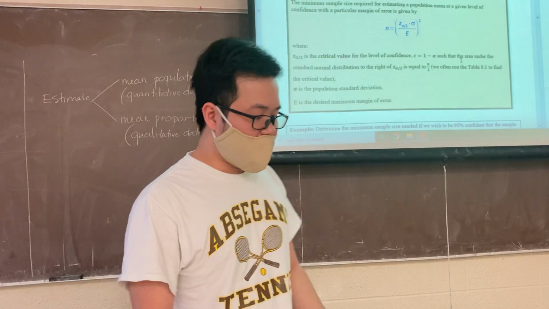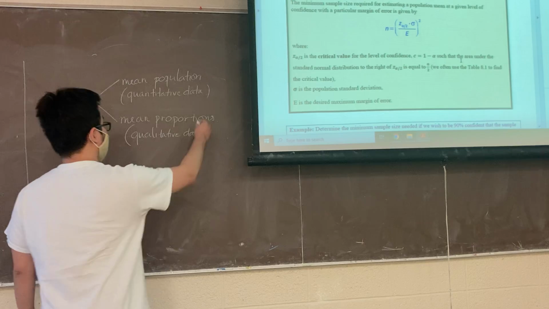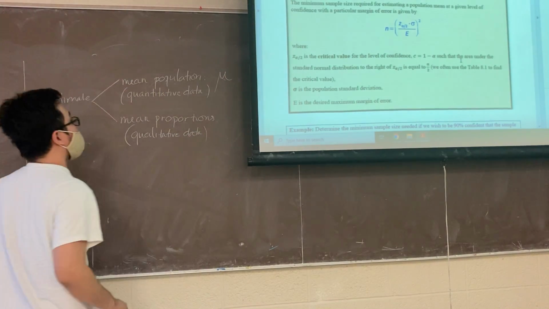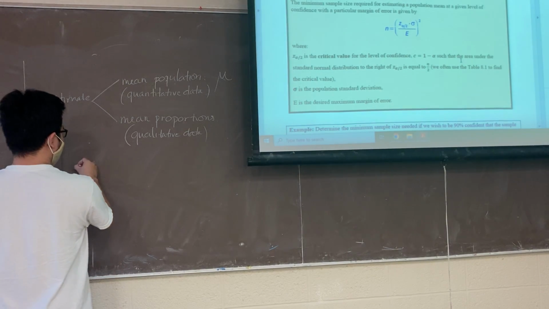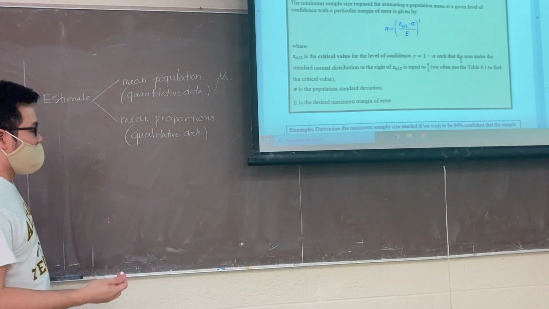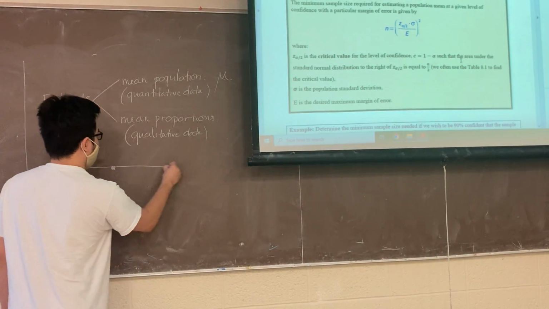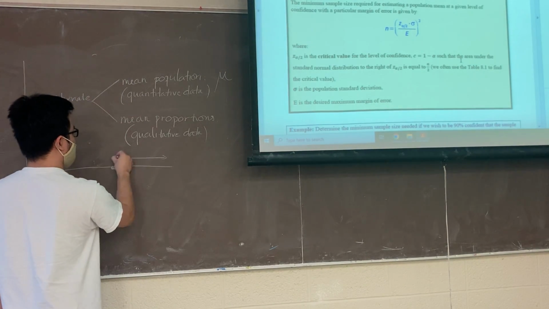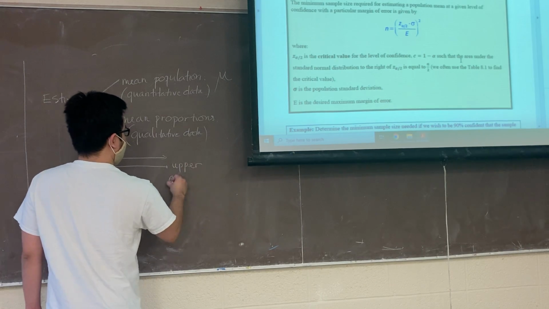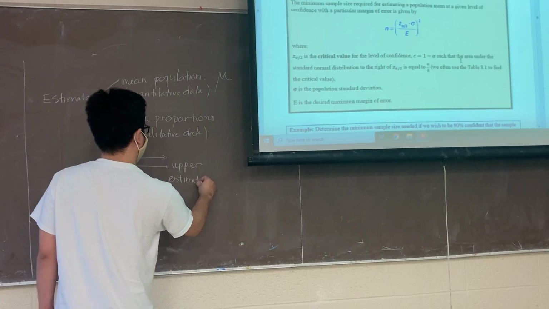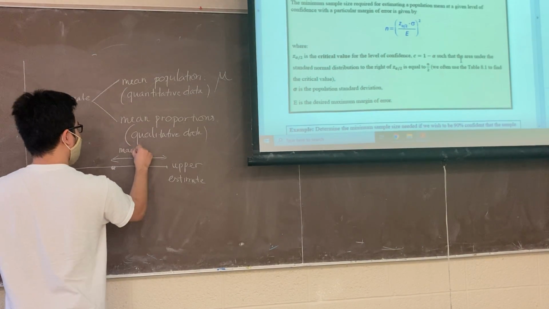And last time we finished how to estimate the population mean, right? That means we need to estimate mu. And to estimate mu, we have the concept called the margin of error. For example, we have the point estimate here. The margin of error is the distance from the point estimate to the upper estimate and lower estimate, or the maximum value and the minimum value.